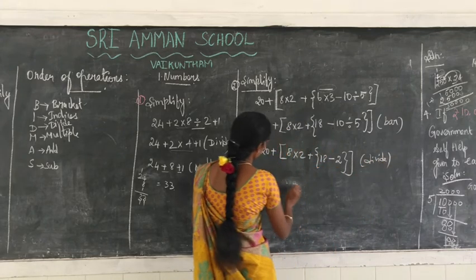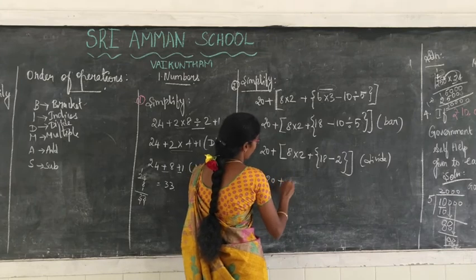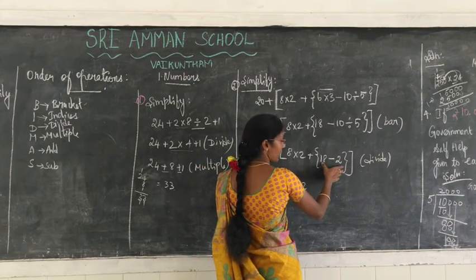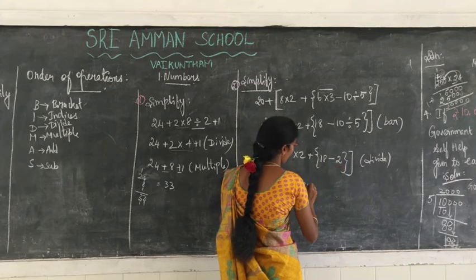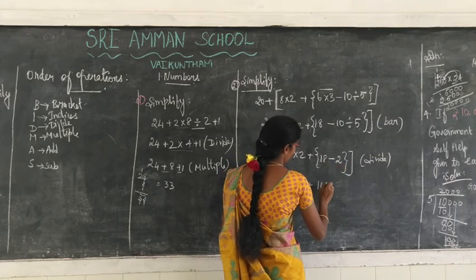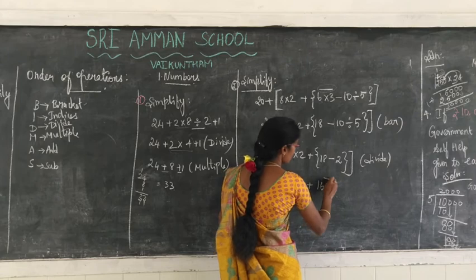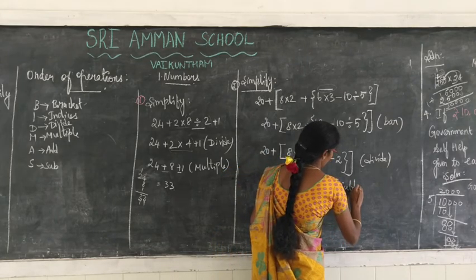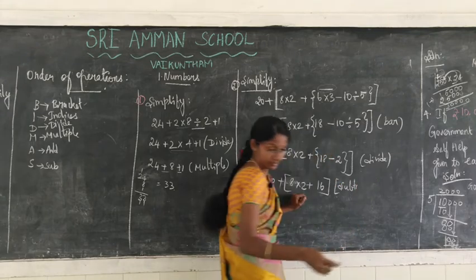So next one, 20 plus 8 into 2, we have to do this bracket. 18 minus 2, how much? 16. So we can remove this bracket since we have done it.